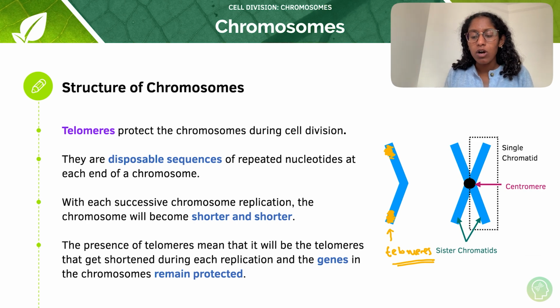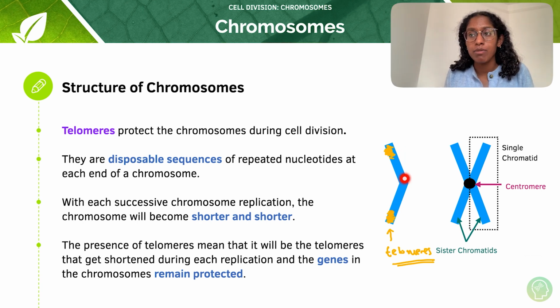Now, the reason why I say telomeres protect the chromosomes during cell division is because in cell division, each successive chromosome replication cuts off a tiny bit of the chromosome at the end. So the chromosome gradually becomes shorter and shorter. Telomeres mean that they get shortened rather than the actual coding part of the chromosome.